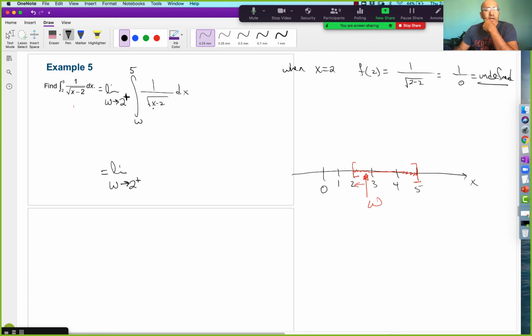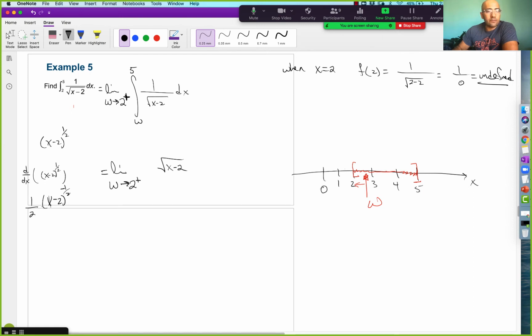So if we think of this, you can just do a little bit of guess and check. This is just going to be the square root of x minus 2, right? If you think of this as x minus 2 to the power of positive 1/2, when we take its derivative, it's going to be 1 over 2 times x minus 2 to the negative 1/2, right?